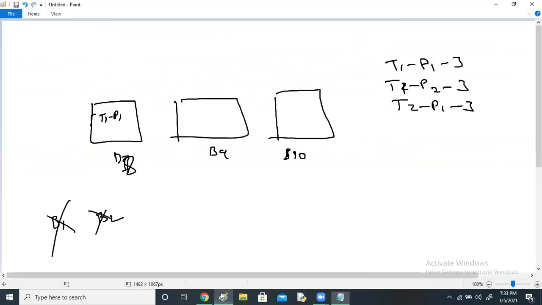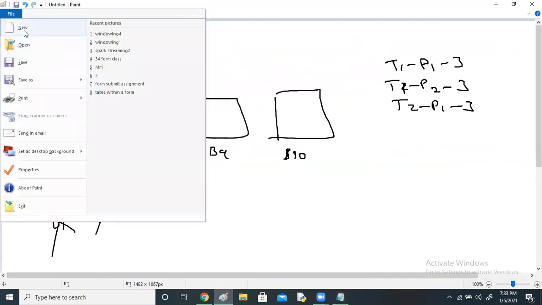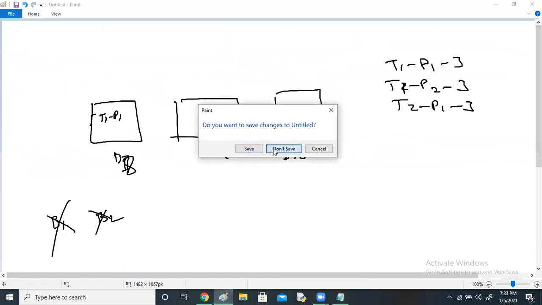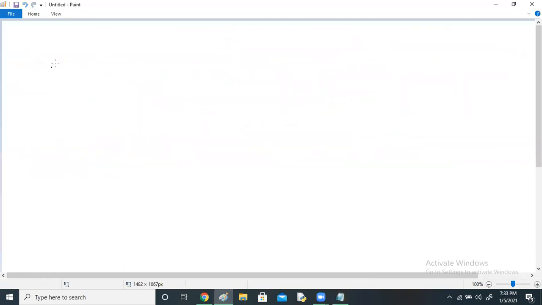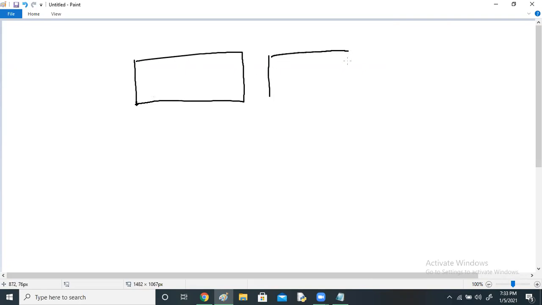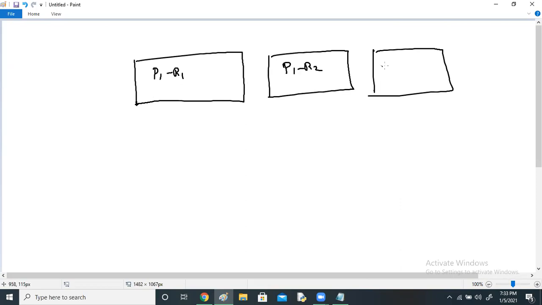Now observe this diagram once. Partition one, replica one. Partition one, replica two.